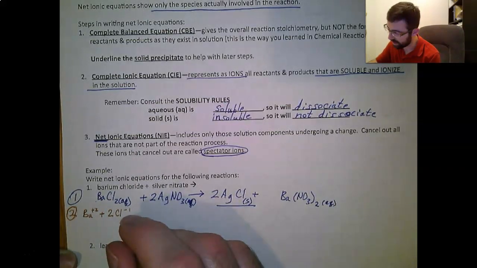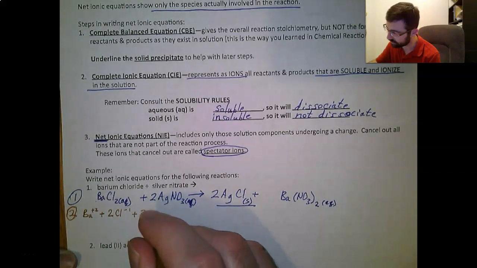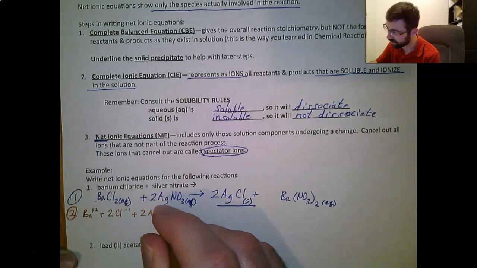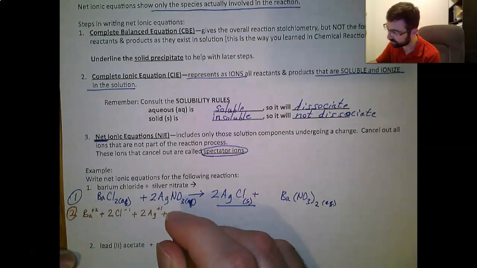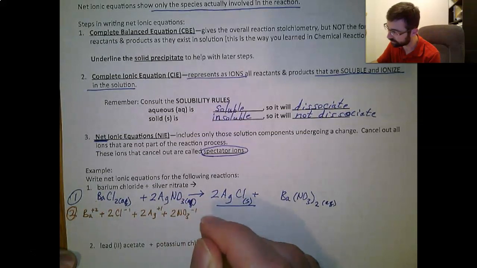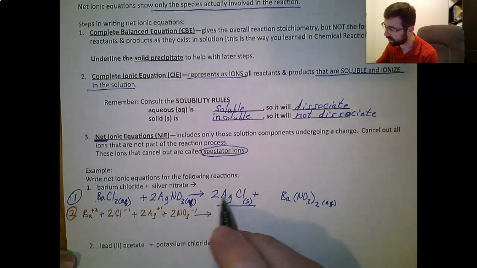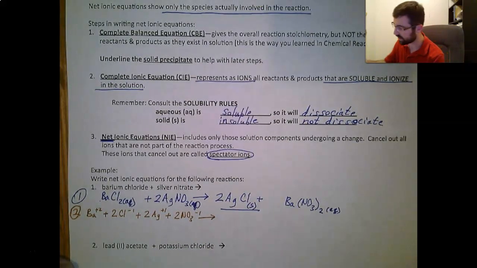I have 2 silvers, which has a plus 1 charge. I have 2 nitrates with a negative 1 charge. That yields, oh wait a second, this is the solid. Now here's the deal I want you guys to know.